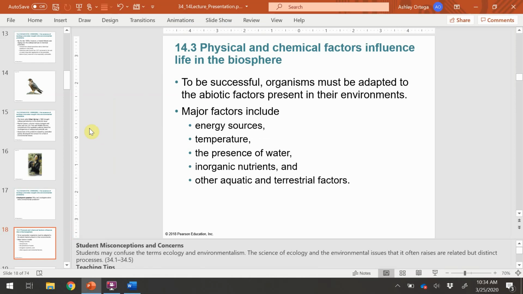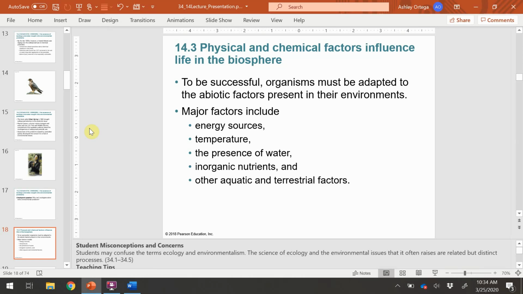So now let's look at some abiotic factors. These factors include energy sources, so sunlight coming from the sun, UV radiation, all of that electromagnetic radiation, all those energy waves coming from the sun, will be abiotic. Temperature is abiotic, so warm or cold temperatures in the environment.